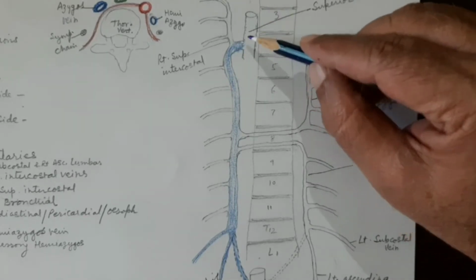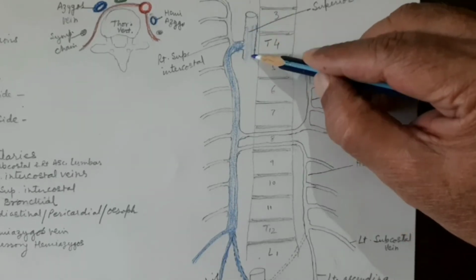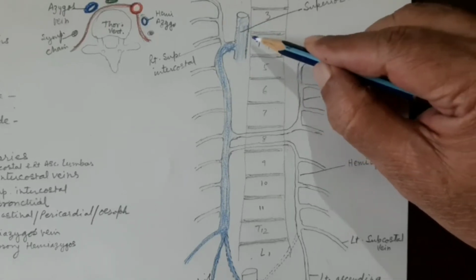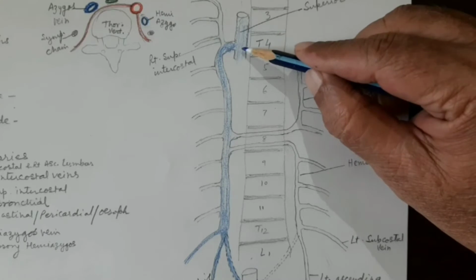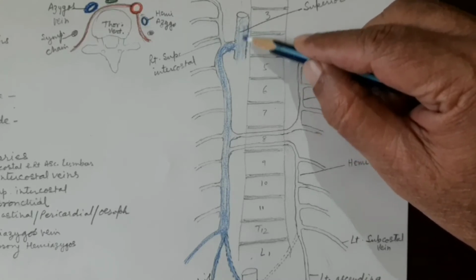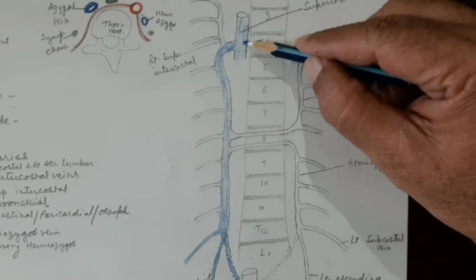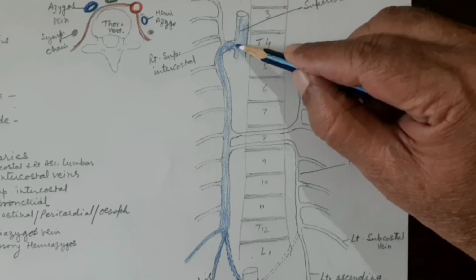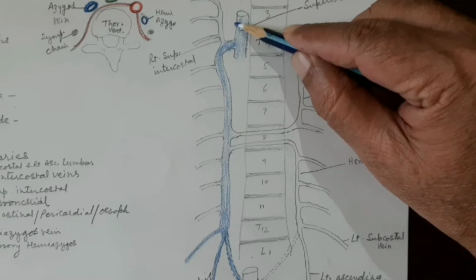This is where it opens at the level of the thoracic fourth vertebral body, which corresponds with the second costal cartilage at the external angle.